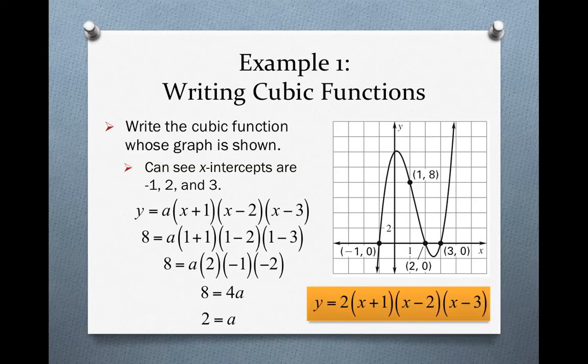I put the 2 in for a, and my cubic function will be y equals 2 times x plus 1 times x minus 2 times x minus 3. And at this point I'm really only looking for the factored form of the cubic function. I do not need you to multiply this all out and make it standard form.